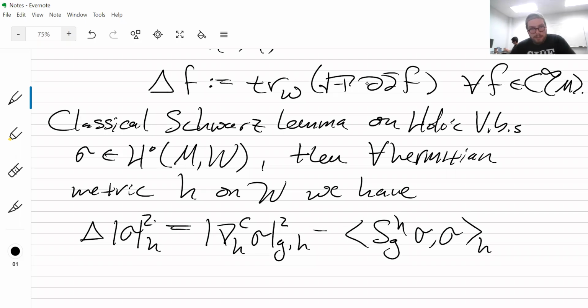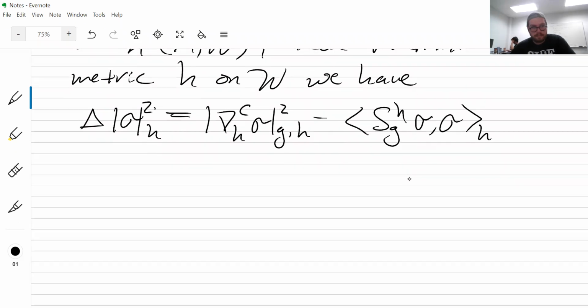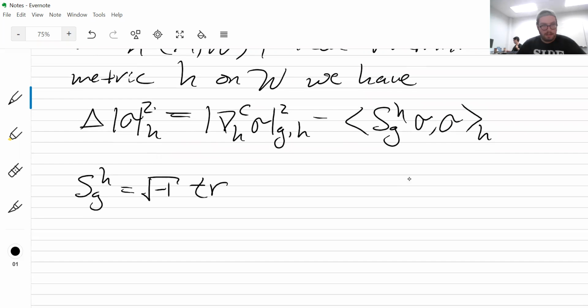And just as a reminder, I think it's worth mentioning that S_G^H is the omega G trace of the H Chern curvature, and this is a section of the endomorphism bundle.